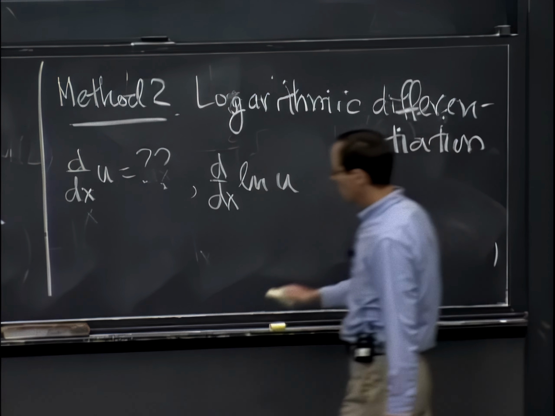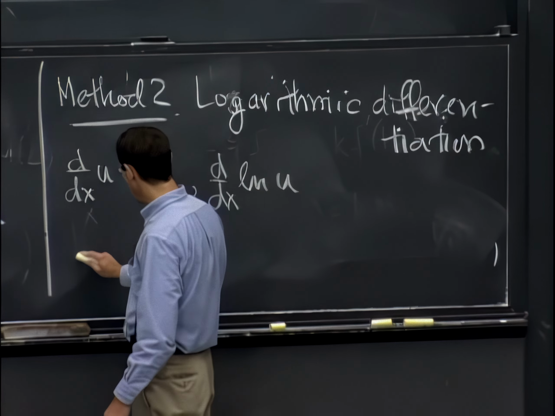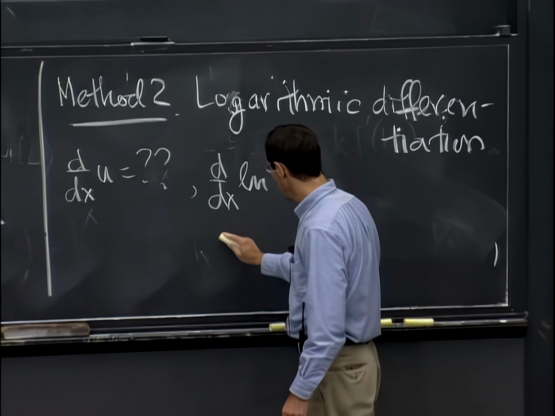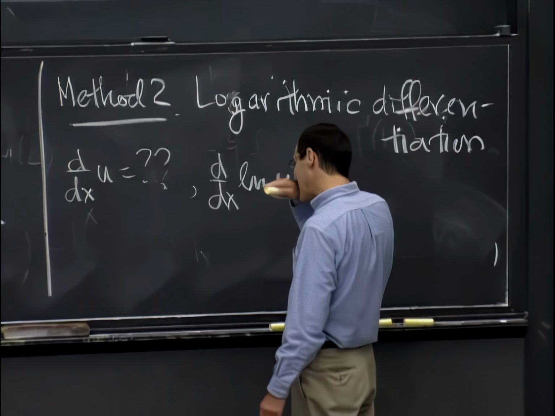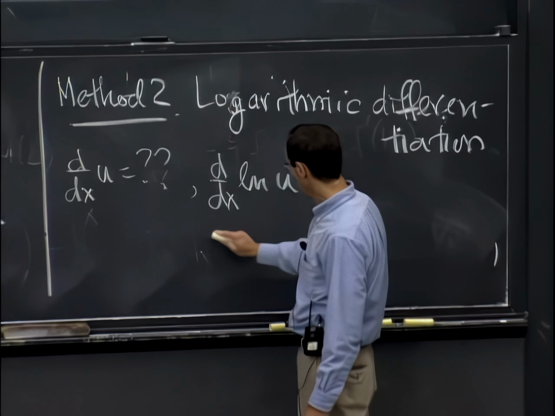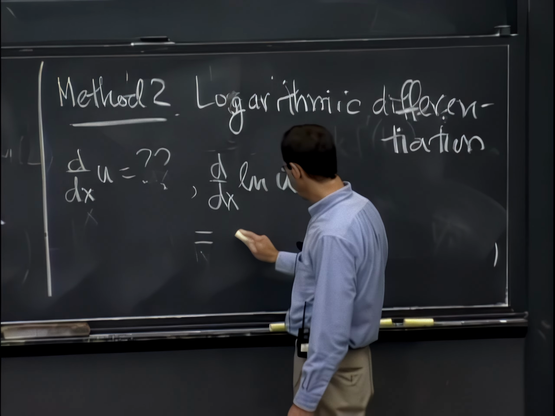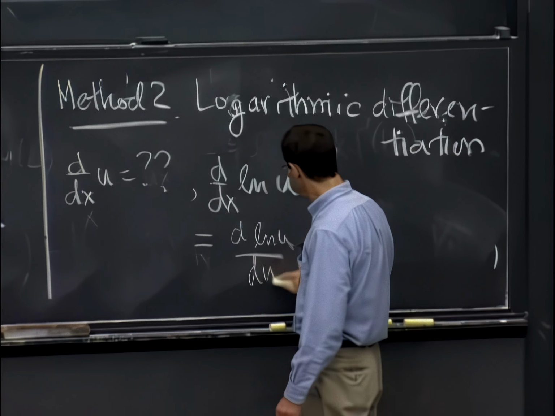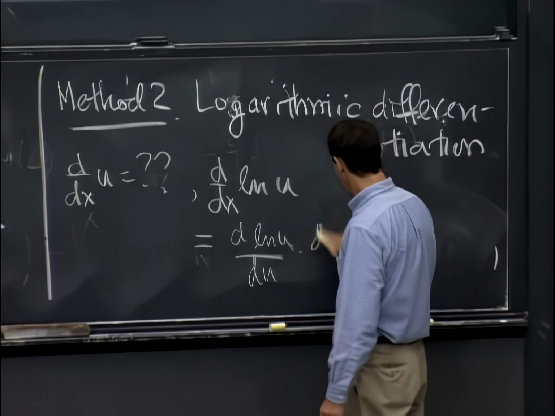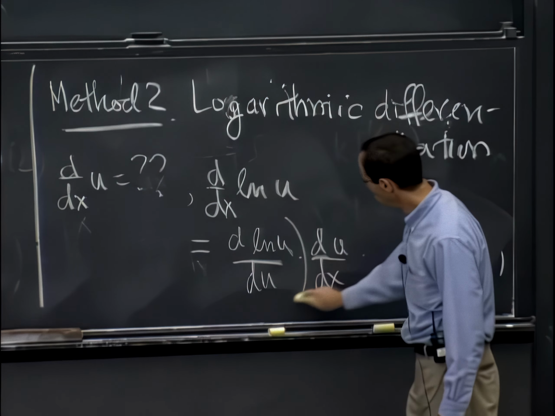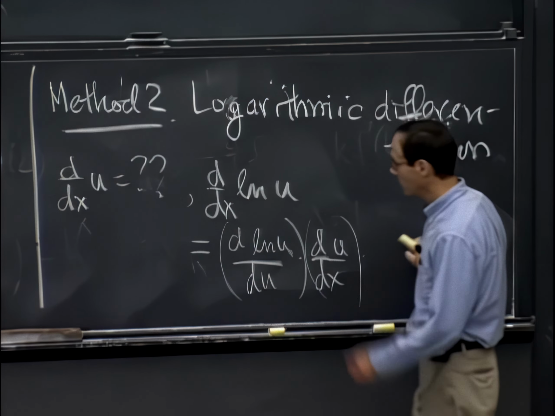So I'm going to write it a slightly different way. So let's write it in terms of primes here. So the basic identity is the chain rule again, and the derivative of the logarithm, well, maybe I'll write it out this way first. So this would be d of log u du times d by dx of u. Okay, these are the two factors.